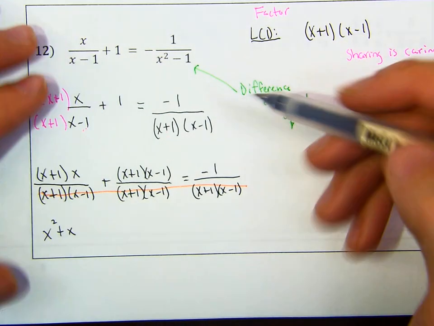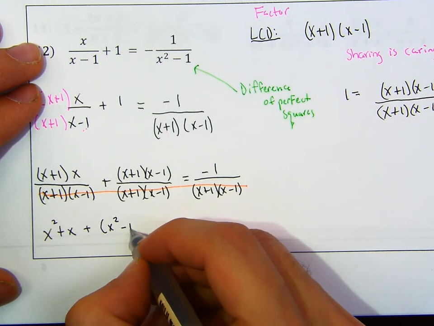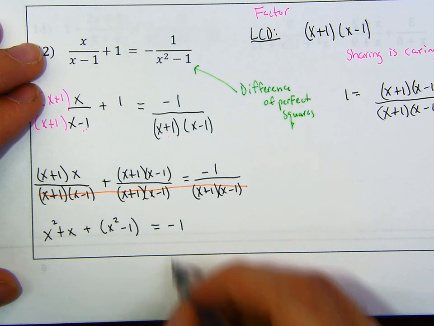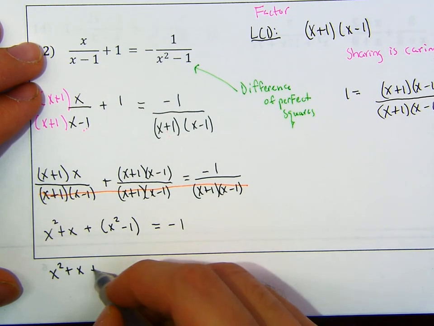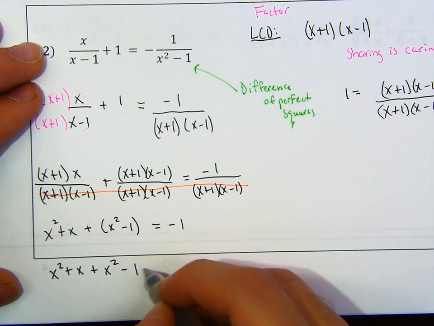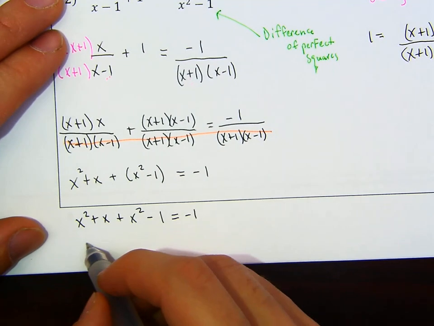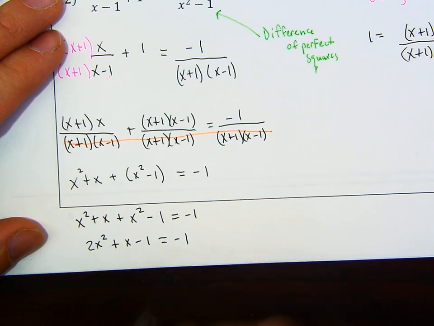It's this. So now it's just plus x squared minus 1 equals negative 1. Okay? And then notice that this is x squared plus x, distribute, plus x squared minus 1 equals minus 1. And now here we can combine like terms, so we have 2x squared plus x minus 1 equals minus 1.